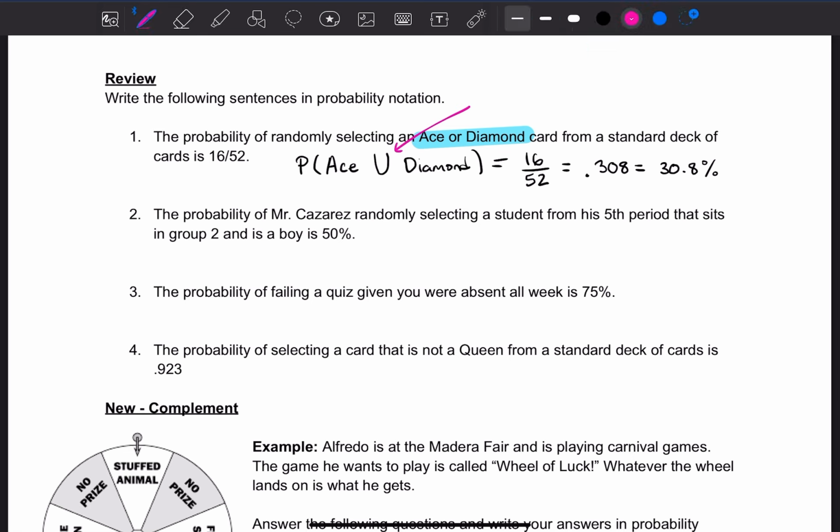What this symbol means is OR, but the name of that symbol is a union. So from now on, I'm going to be calling this symbol a union. Okay, so let's go to number 2.